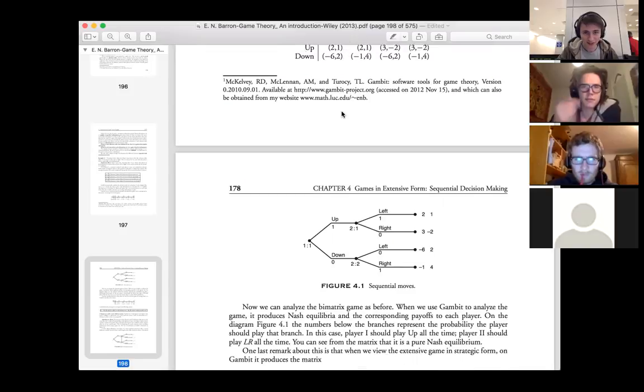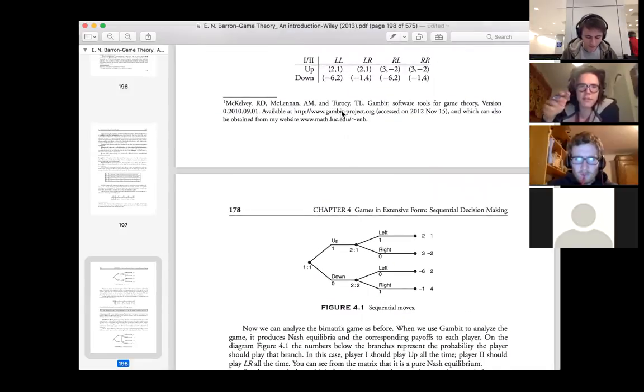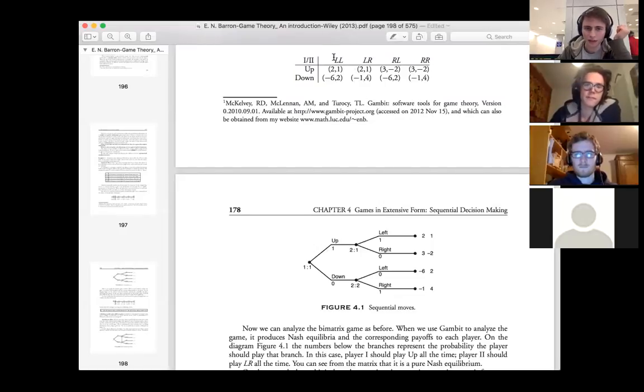So it seems like the strategies that are listed by player 2 are dependent on what player 1 is doing. The left one is left if player 1 chooses up, and left if player 1 chooses down. And the left-right is left if player 1 chooses up, and right if player 1 chooses down. Okay, wait, say that one more time.